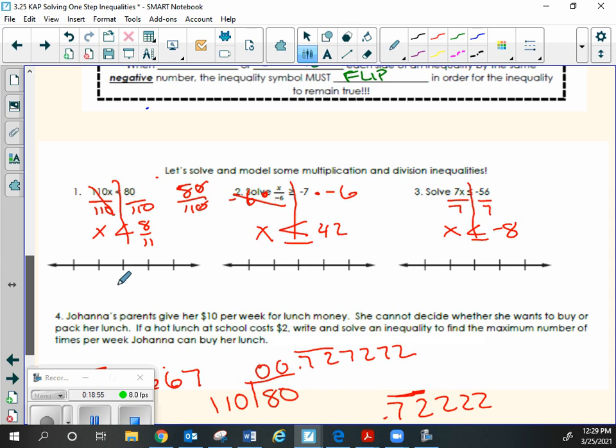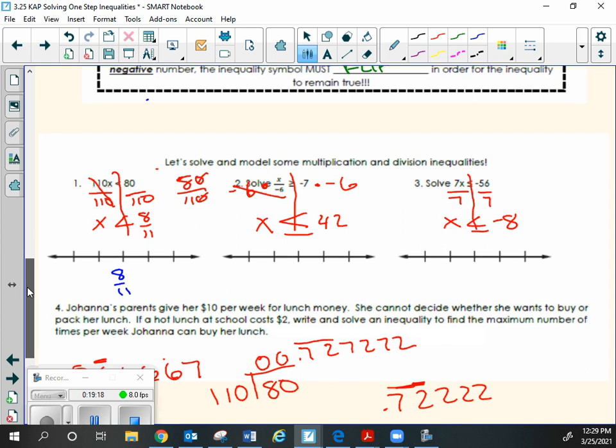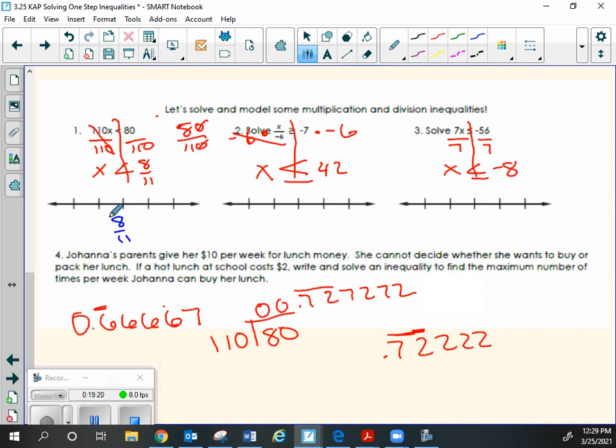I'm going to leave it as a fraction because that's friendlier. What whole numbers could I put on either side? Well, 7/11ths, but I want a whole number. It's 0 and 1.